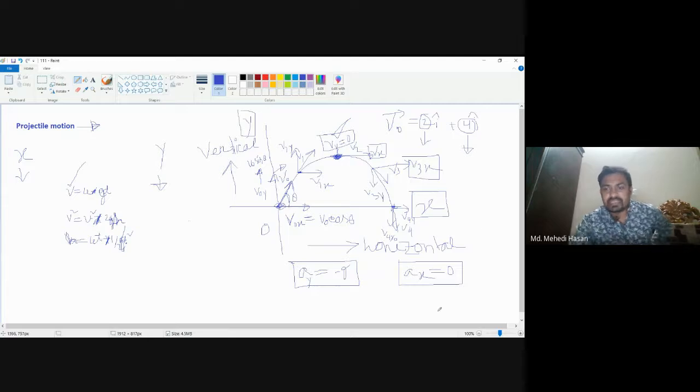So if acceleration is 0, then we can say the x component of the velocity is always constant. Okay, so the x component of the velocity is always constant, but the y component is not constant. It will vary with time due to acceleration due to gravity.